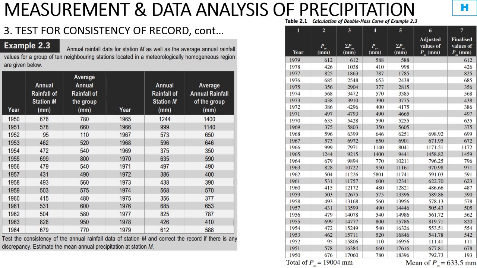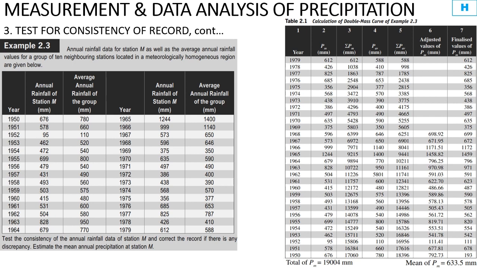Let's see this example 2.3 wherein meron tayong data. This is data from 1950 hanggang 1979. So it is a span of 30 years. So meron siyang rain gauge, annual rainfall. May data siya ng annual rainfall ng Station M na rain gauge.